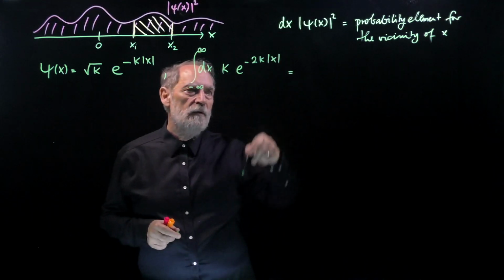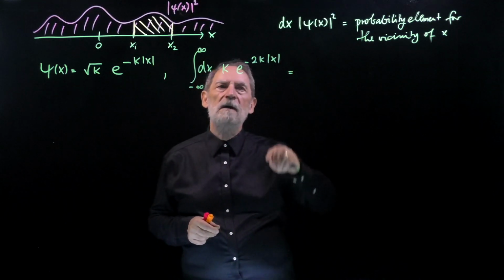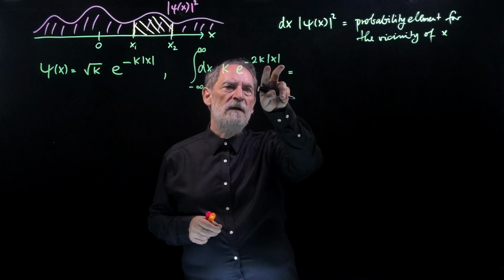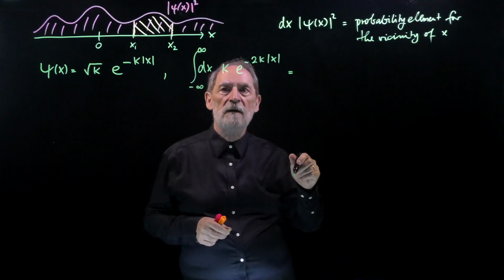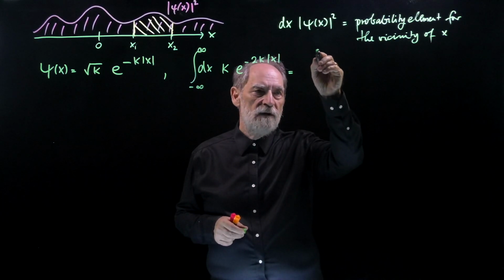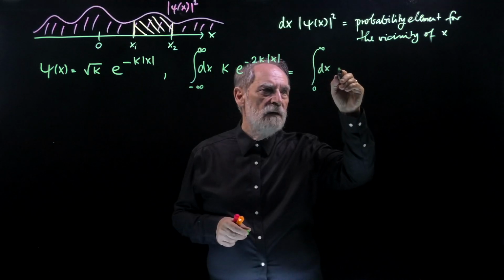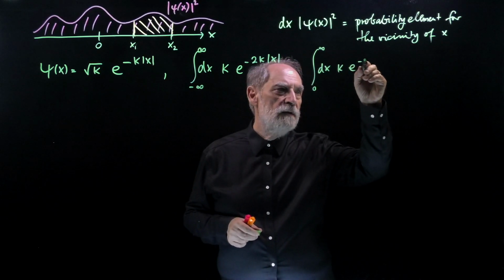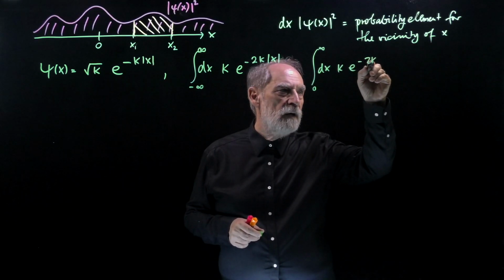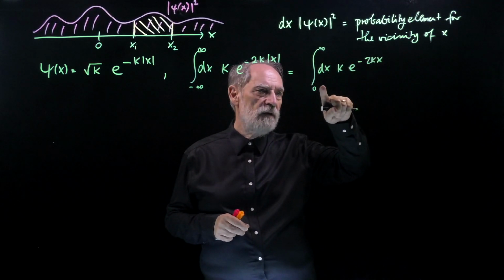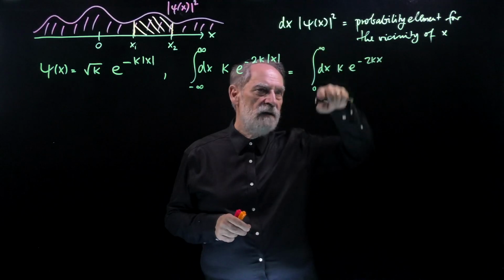Now for the absolute value of x, we go for negative x's or positive x's. In one case it's x itself, the other case is negative x. So it will be easier if we just integrate from 0 to infinity dx, and then there's kappa e to the minus 2 kappa x. So that would be for the positive values, but if I have the negative values, then it's the same integral again.